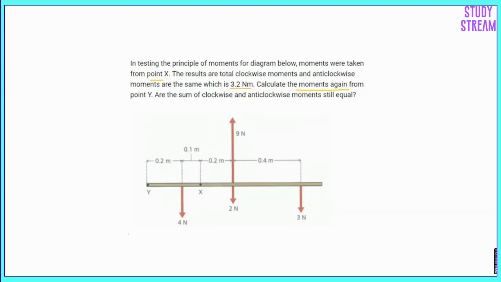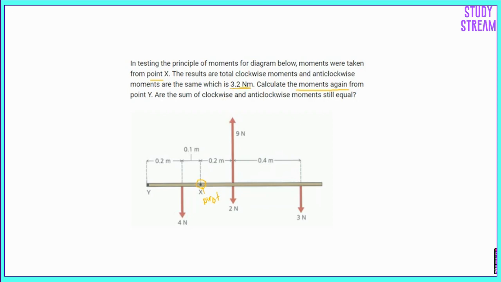Okay, so the question explained that they took moment about point x here, made it the pivot, and then they got the moment for clockwise and anti-clockwise to be 3.2 Newton meter, which means it's balanced.